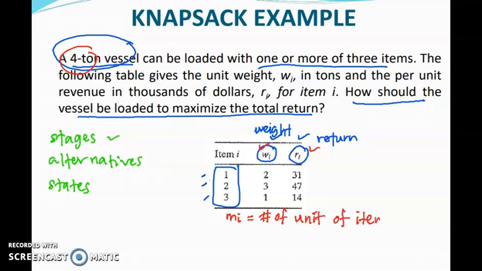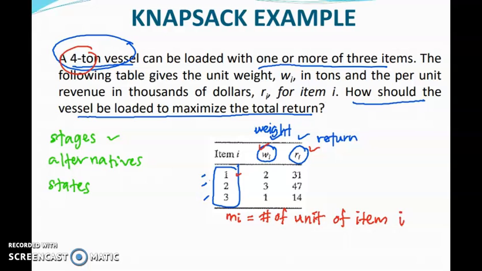of item i. So for example, you choose item number 1, and how many of item number 1? If you take 2, then M1 equals 2. So M here refers to the number of units of item i.